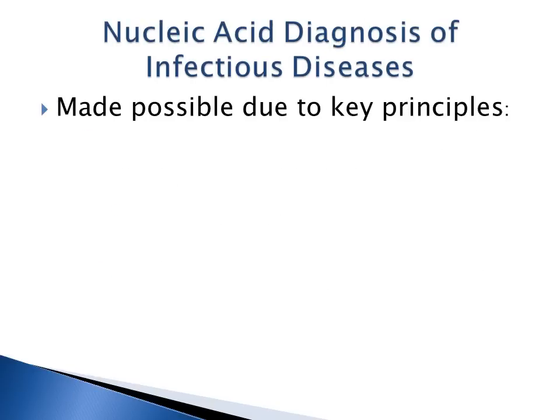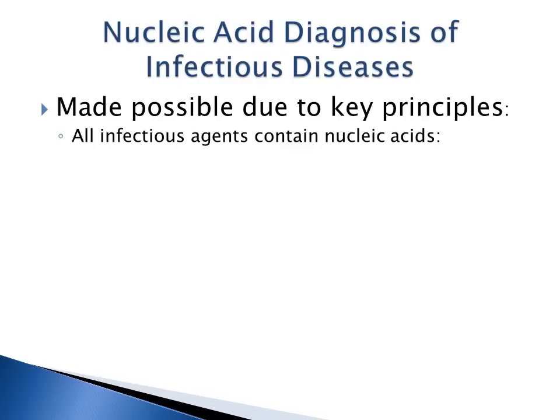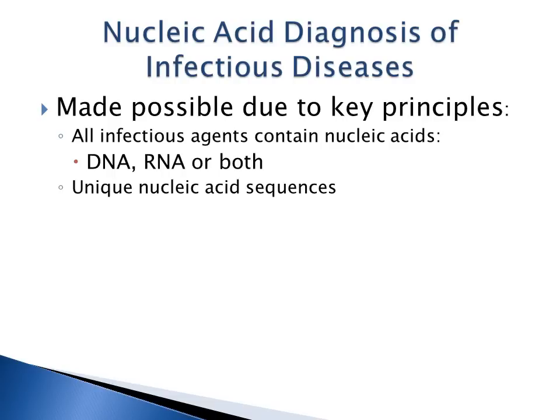For infectious disease analyses, it's possible to use nucleic acids or molecular techniques due to several key principles. One being that all infectious agents contain nucleic acids. These nucleic acids include DNA and/or RNA.